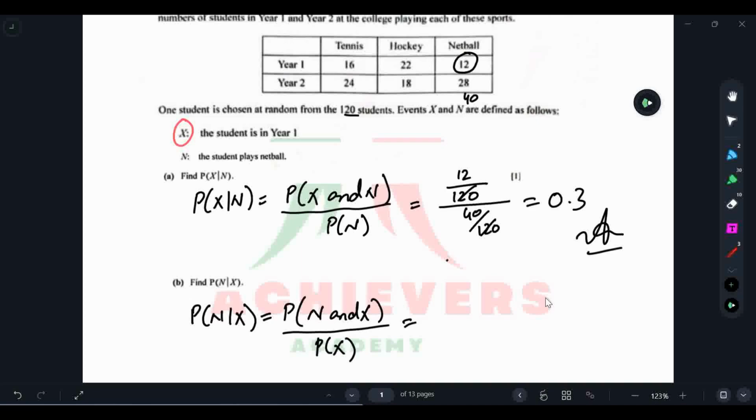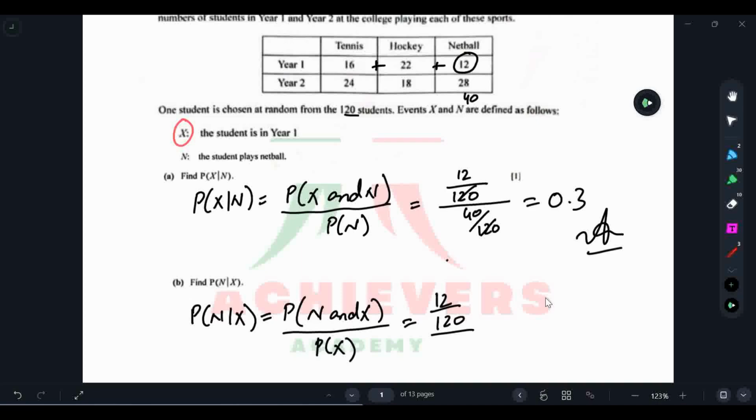Now probability of the students playing netball in year 1 will be 12 by 120, divided by probability of the student in year 1. For this one, the student is in year 1, so we need to add these 3.